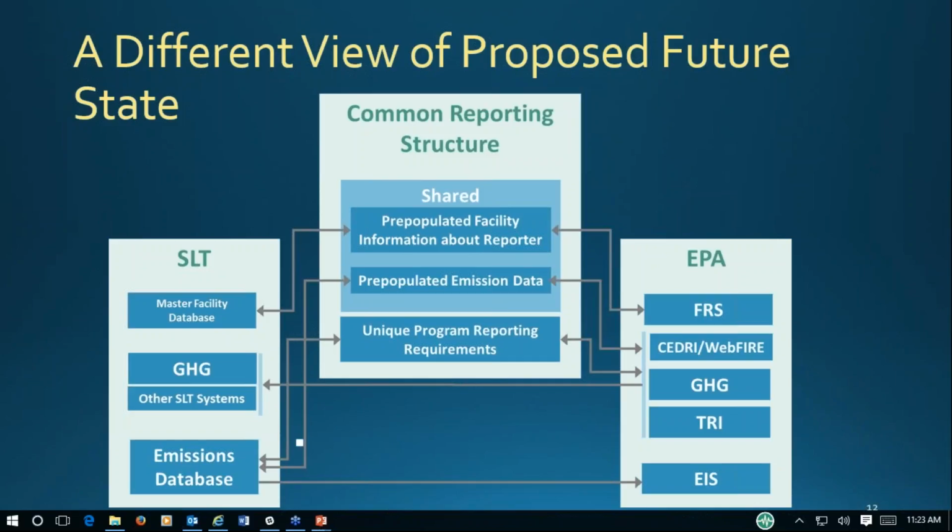The other key thing I think here, particularly from the aspects of a reporter, is that they're going to be able to know what the unique program reporting requirements are for their facility, where they're located, or what they're reporting for. So for example, in the ideal situation, a reporter will be able to come to a single place and say, I am a facility of the following type, say a cement plant.